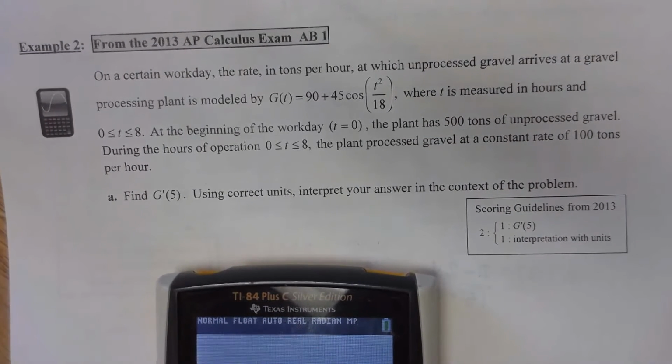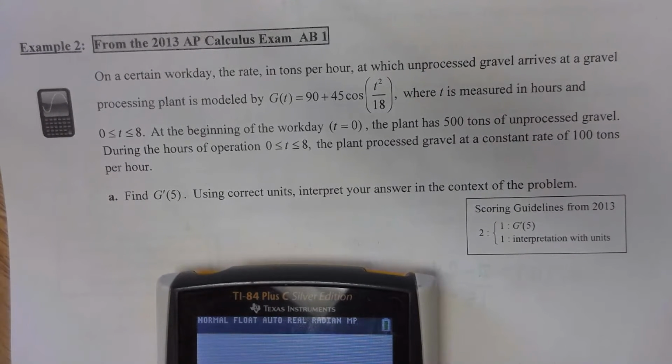It says, on certain work days, the rate in tons per hour at which unprocessed gravel arrives at a gravel processing plant is modeled by the function given, where t is measured in hours, and our interval is 0 to 8. So not only do we have a function, we have a closed interval.